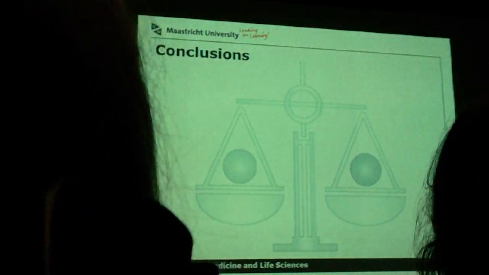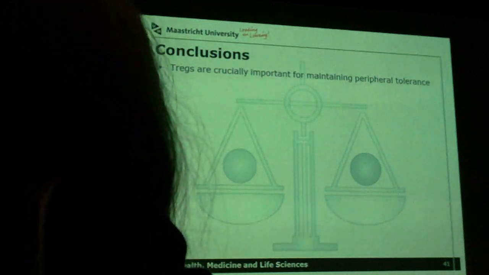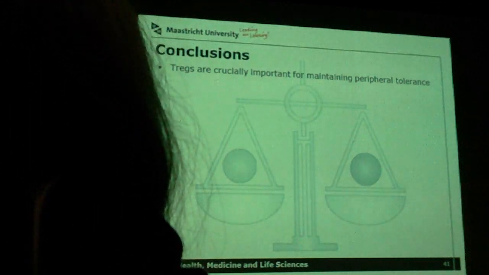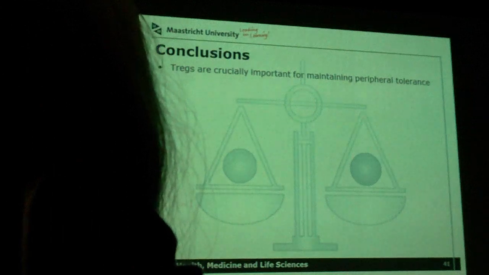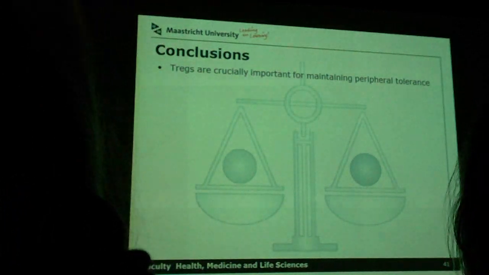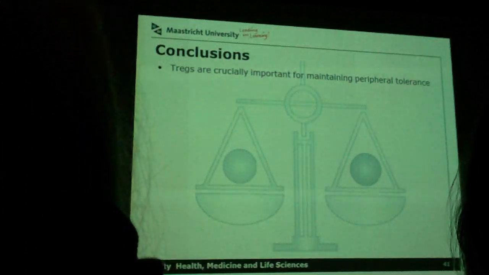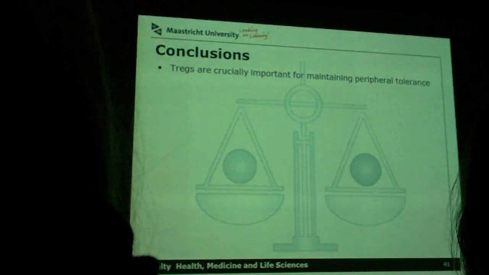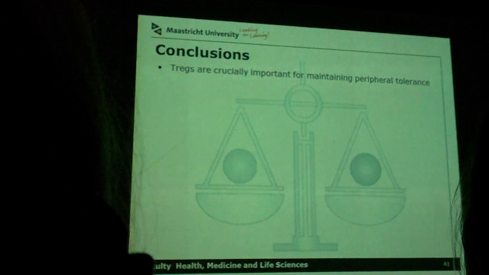This brings me to the conclusion of this lecture. I tried to show you that regulatory T cells are very important in your immune system, amongst others to keep peripheral tolerance so that you won't react against self-tissues, so that we don't all get autoimmune disease.